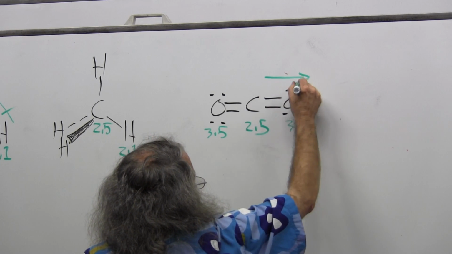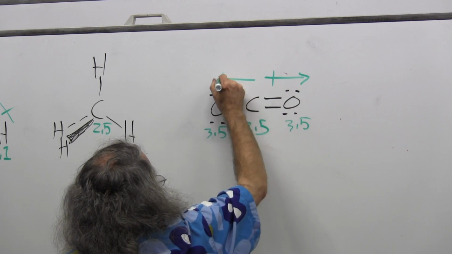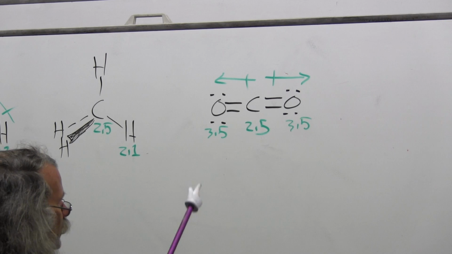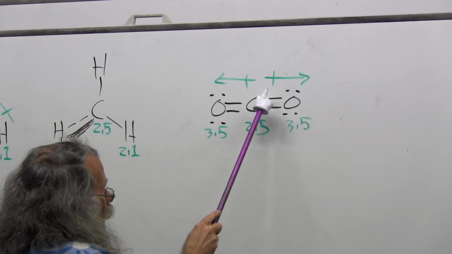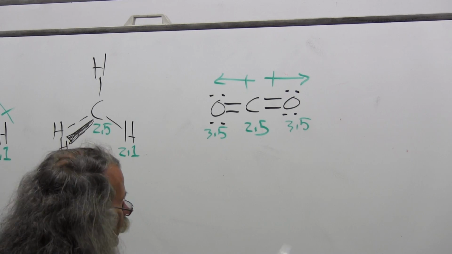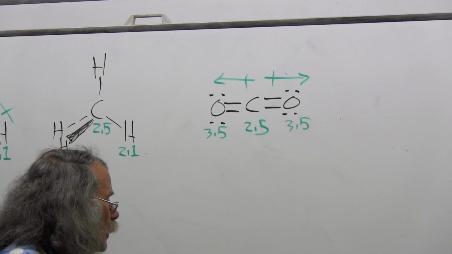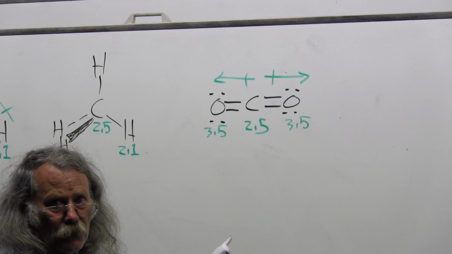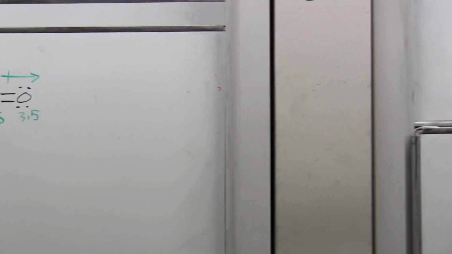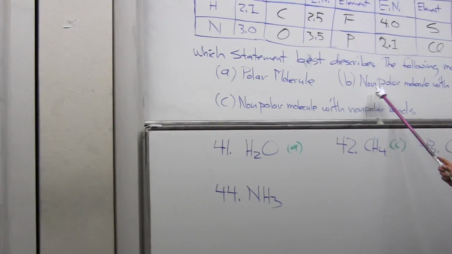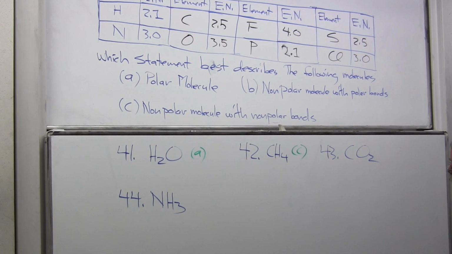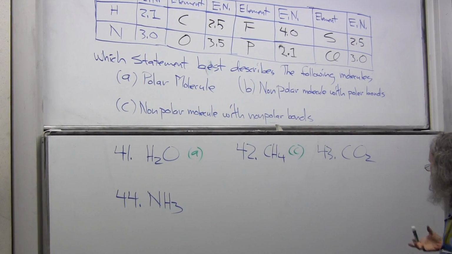I've got a dipole going this way and a dipole going this way. So I have definite polar bonds, but you can easily see in this molecule the dipoles are in opposite directions and equal magnitude, so they cancel each other out. Carbon dioxide is a nonpolar molecule, and the best description of that would be option B, a nonpolar molecule with polar bonds.